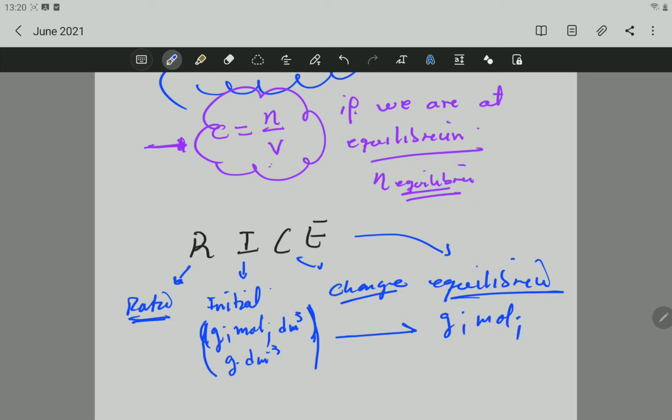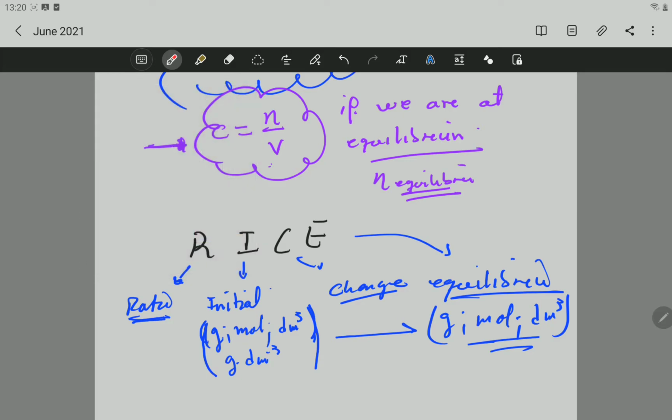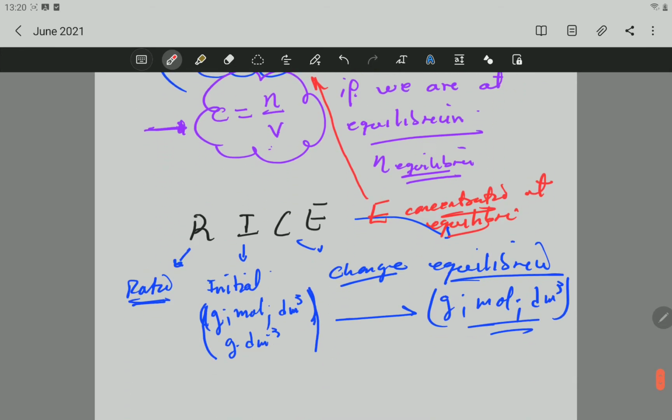If we're starting with volume, then this will be in decimeter cubed, and so on. It depends what you're starting with. And then you will have the final one, which is also E, for concentration at equilibrium. This is important because this is the one that you are going to substitute in the Kc expression.